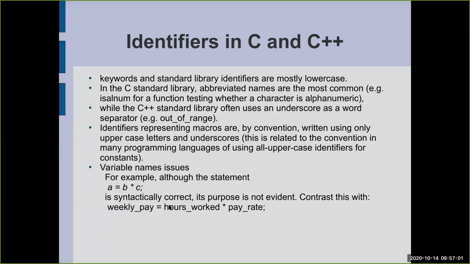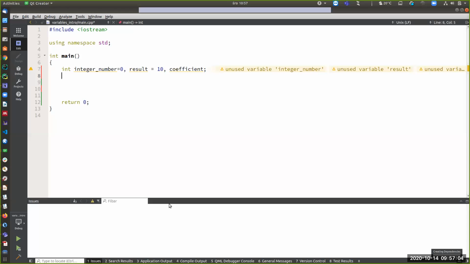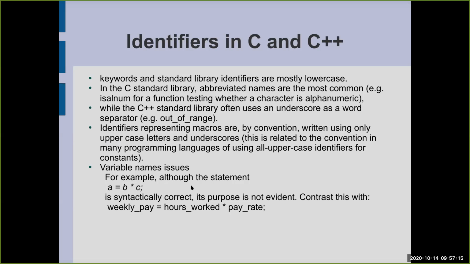Okay, so look, I told you about identifiers in C and C++. I told you that the identifiers should be descriptive, even if they require many words. Look here, I can have three variables: A is equal to B times C. And look, it is not descriptive, because it can be anything.